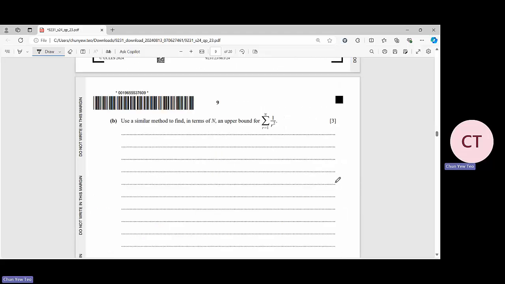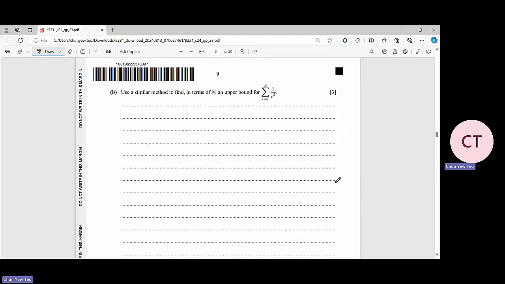Now we move on to part B. They want you to use a similar method to find the upper bound for this one. Upper bound means they want to show that this series is less than the upper bound. So this time they want the area of rectangle to be lower than the area under the graph.